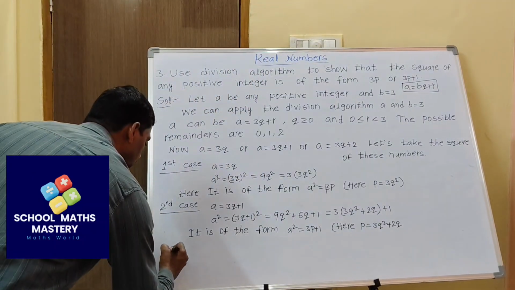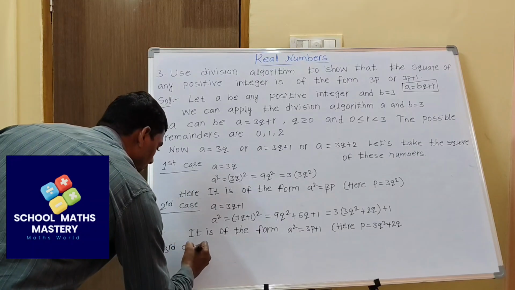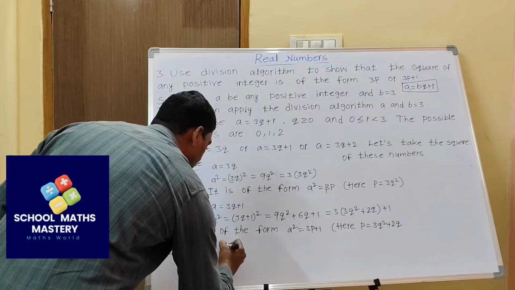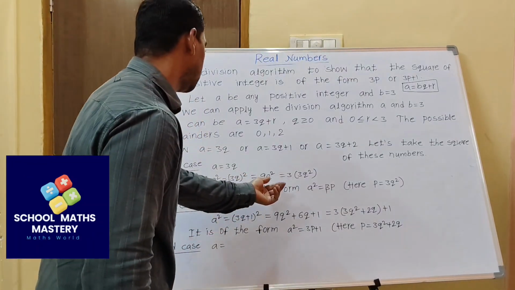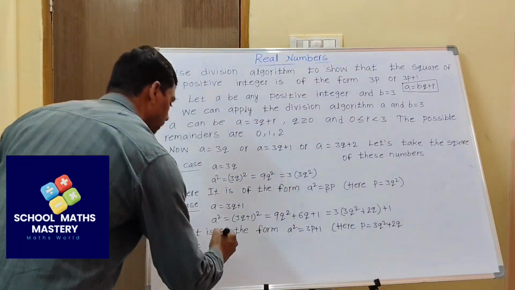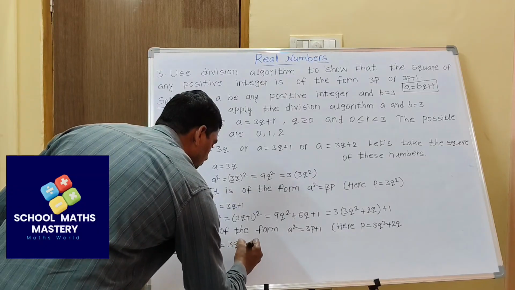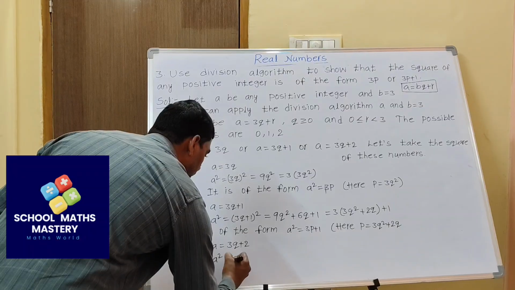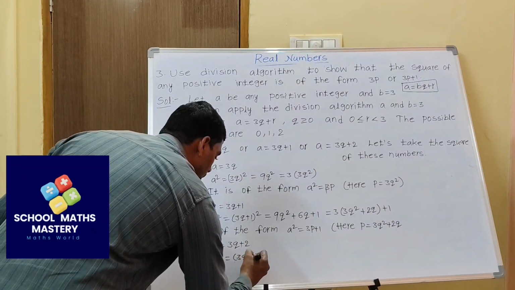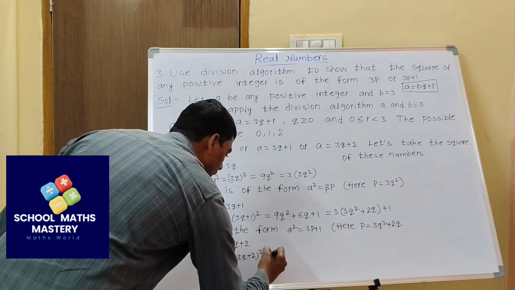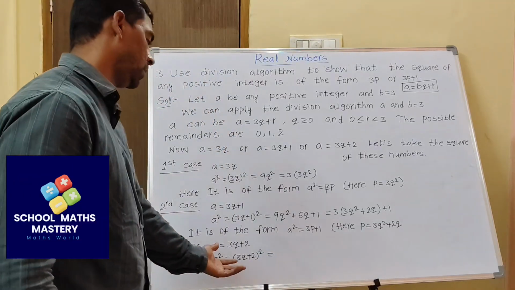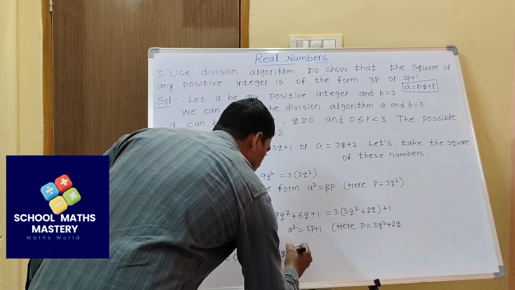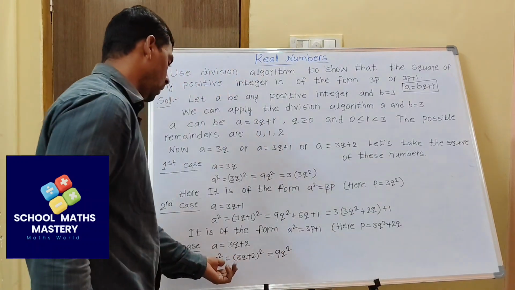Now going to third case. a equals 3q plus 2. a square equals 3q plus 2 whole square, this is like a plus b whole square. a square, 9q square plus 2ab.